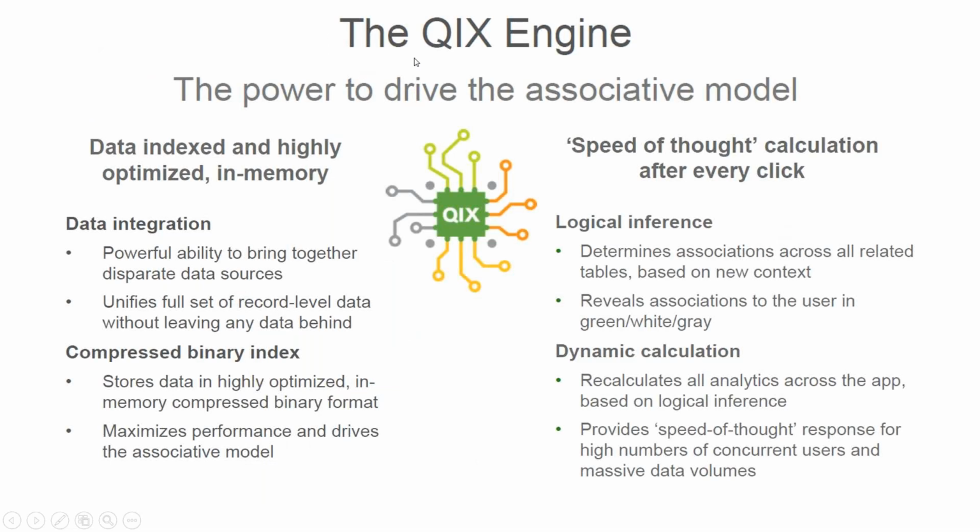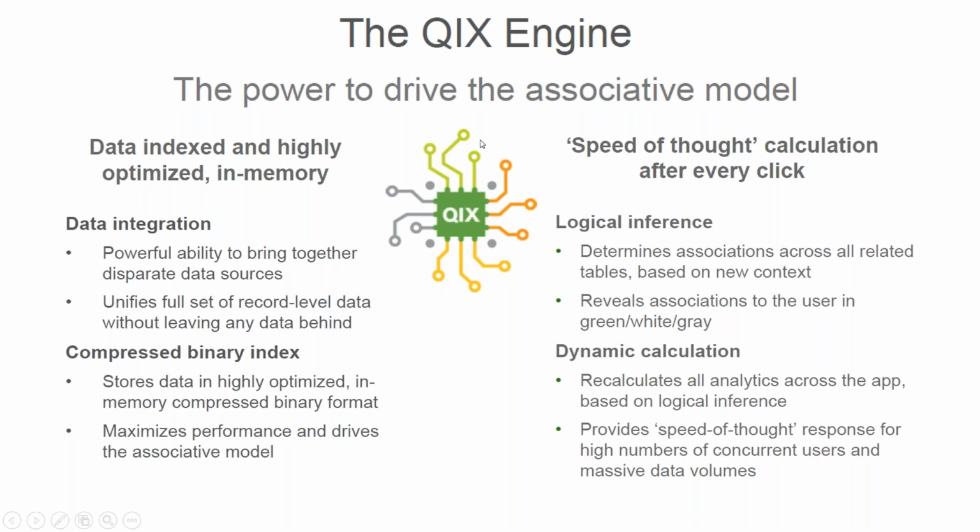Now, as I said, the QIX engine is the Qlik indexing engine. It derives the power of the associative model. It helps with data integration, compressing your binary index, all your logical inferences, and your dynamic calculations. Everything is taken care of by this QIX engine.